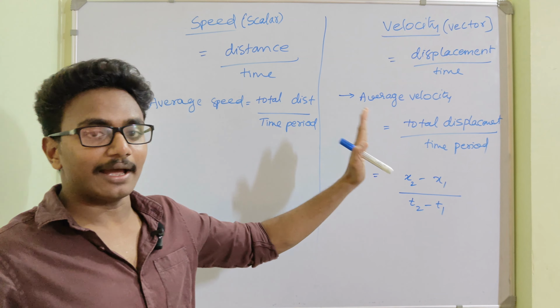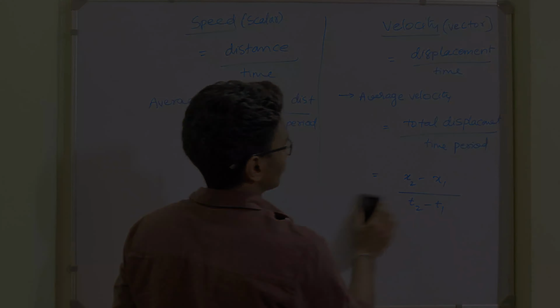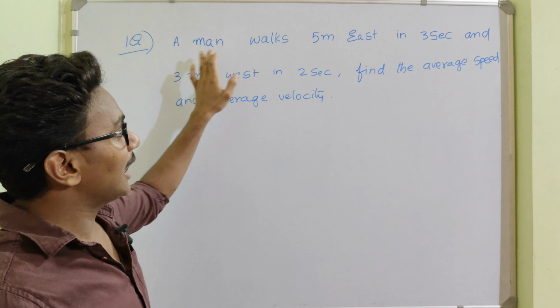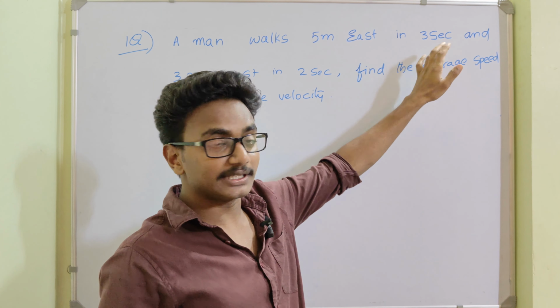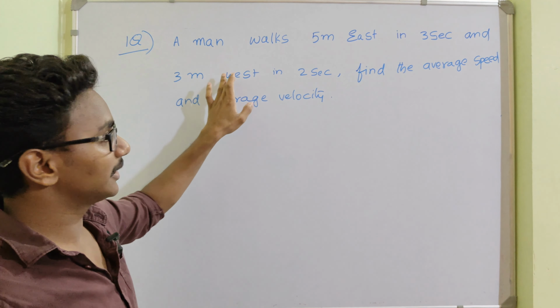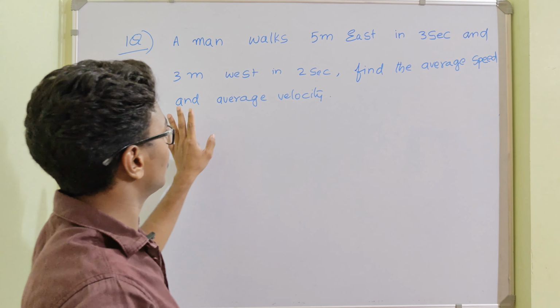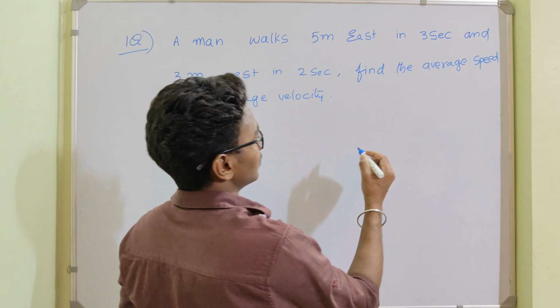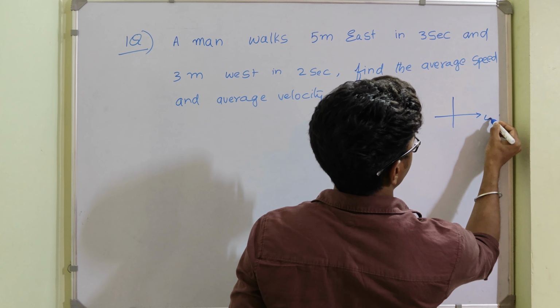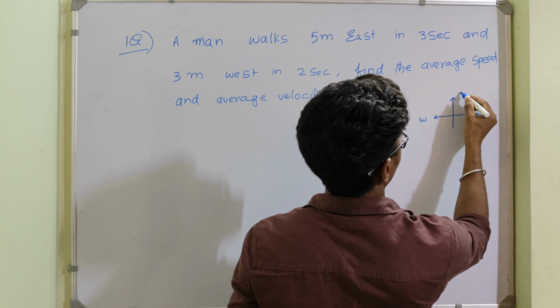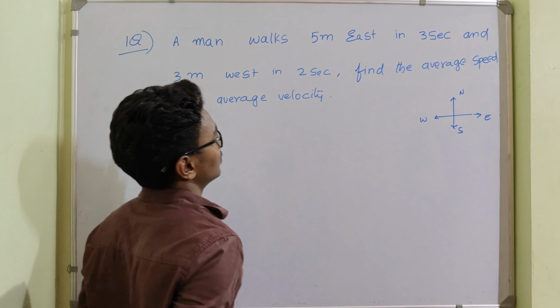Let's see a few examples on how average velocity and average speed are different. Look at this question. A man walks 5 meters east in 3 seconds and 3 meters west in 2 seconds. Find the average speed and average velocity. So this is east, this is west, north, south.